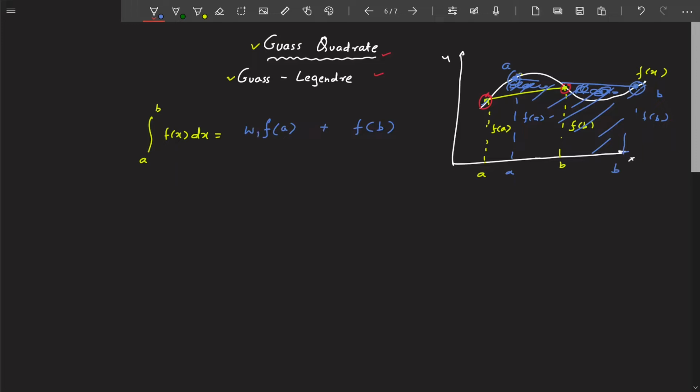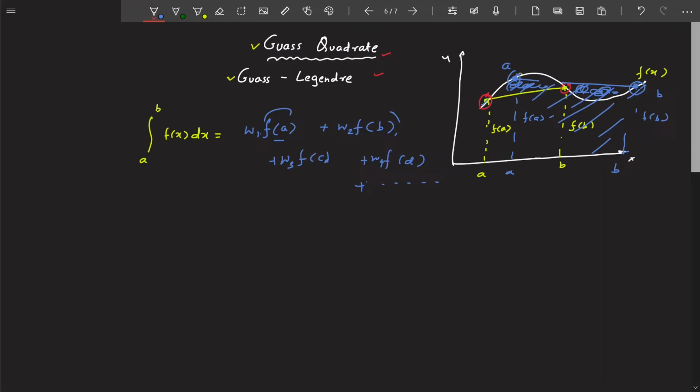Let us say this is weight W1, this is weight W2. Addition of some value of f(A), subtraction of some value, and we try to balance it. Not only f(A) and f(B), there can be a lot of other points, let us say f(C), f(D), and the weights are going to be W3, W4, and the list continues. This is the concept of Gauss Quadrature.